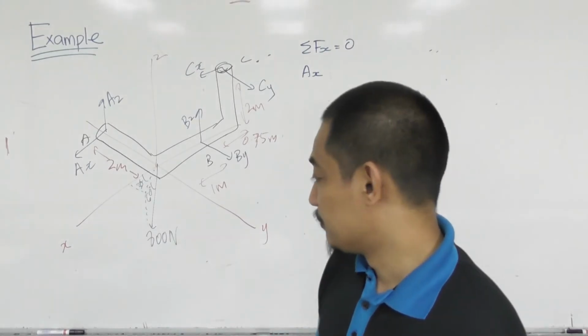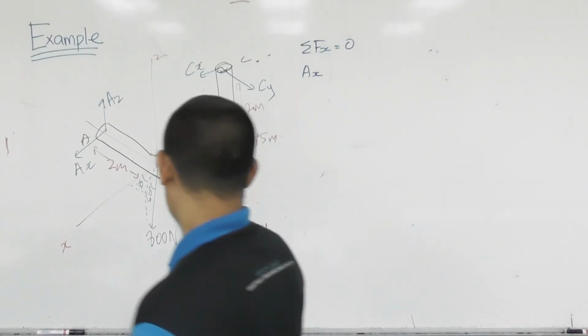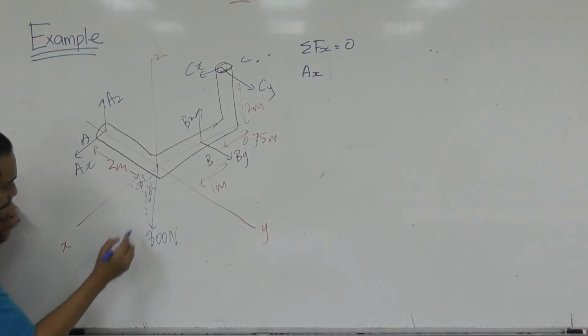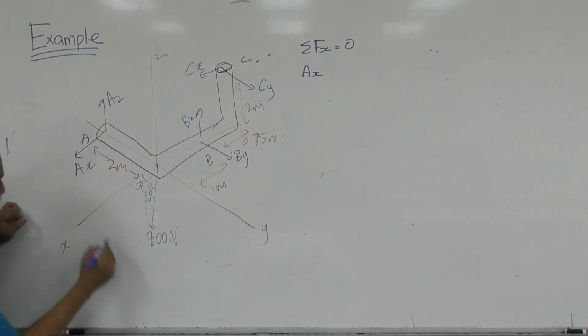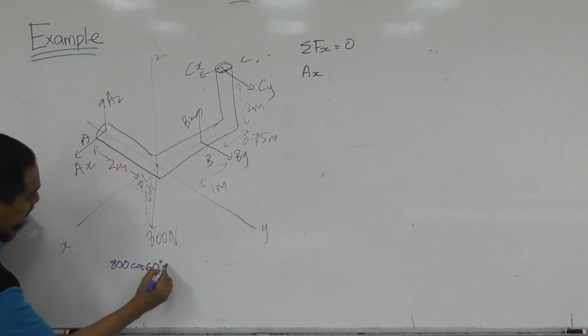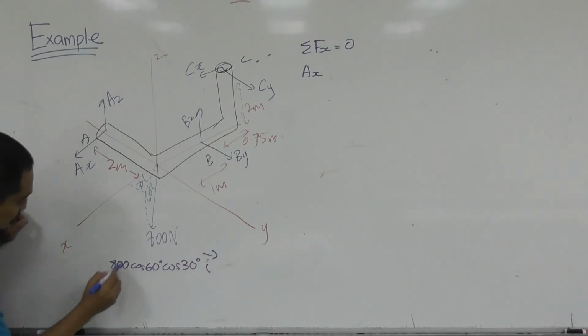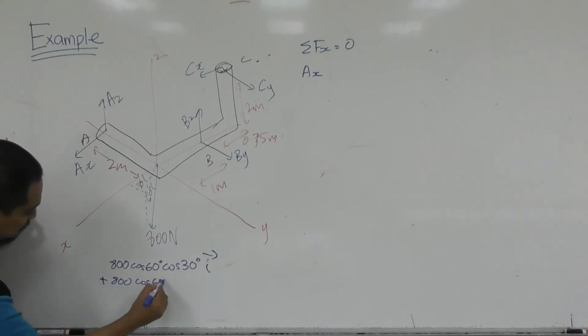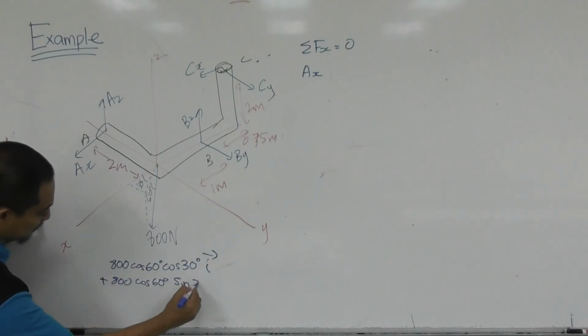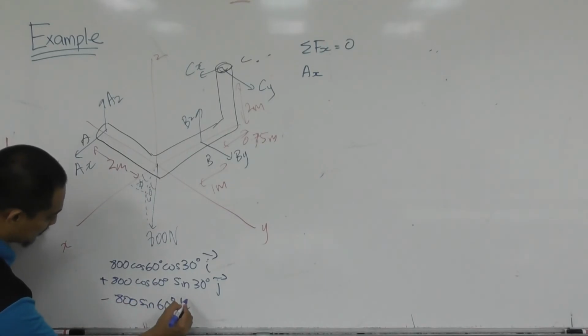It's not compulsory, but to me it's easier to avoid mistakes and missing components. So in vector form, the x component is 800 cos 60 cos 30 i, positive, plus 800 cos 60 sin 30 j, and then minus 800 sin 60 k.